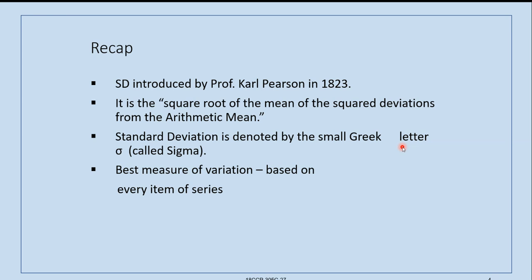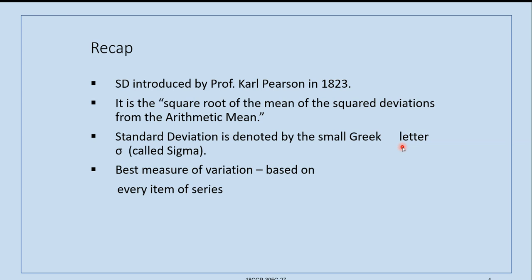And in quartile deviation, we are taking only half of the data, that is from Q1 to Q3, because we are calculating the quartile deviation, semi-interquartile deviation between Q3 and Q1 only.